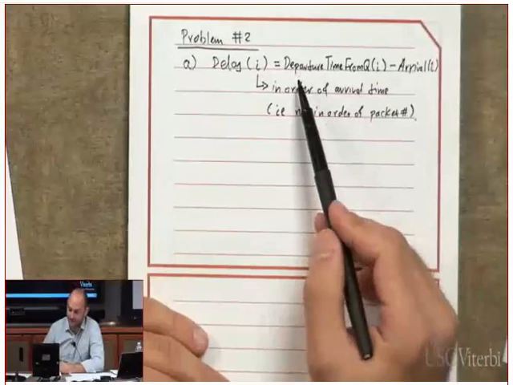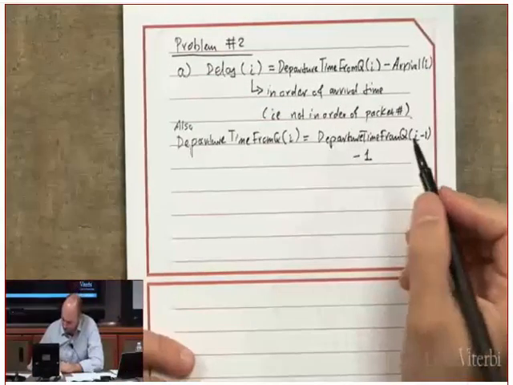But let's think about it. The first packet went into service at time 0, which means it came out at time 1. At that time, the next packet has already arrived, it's been there from time 0. This equation applies given that the server is always busy. If you have gaps, obviously we need to add the gaps too.